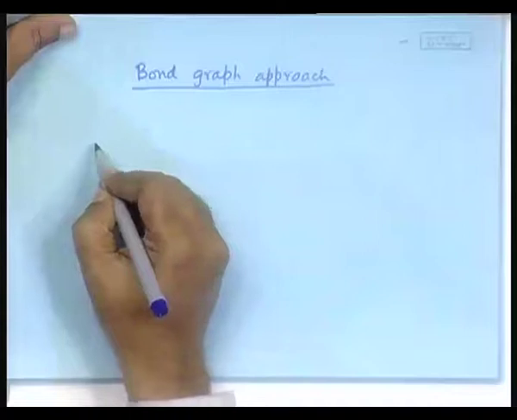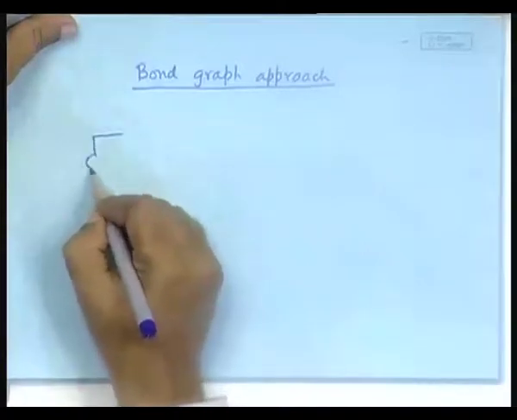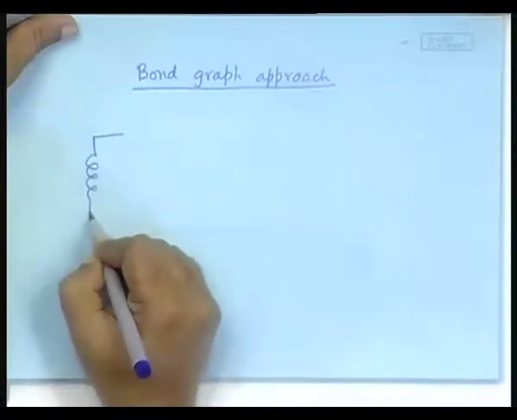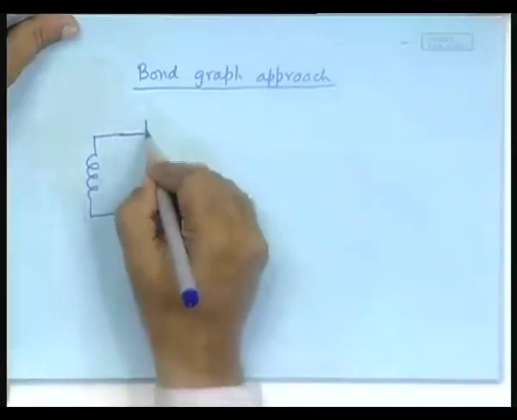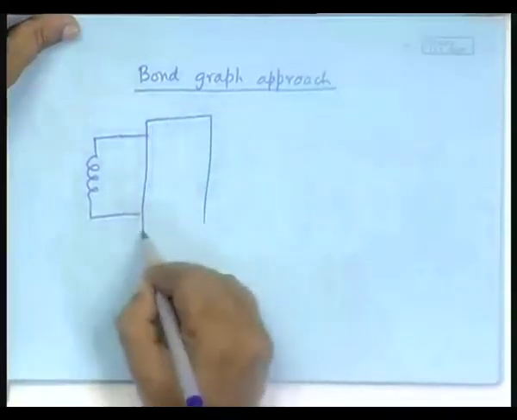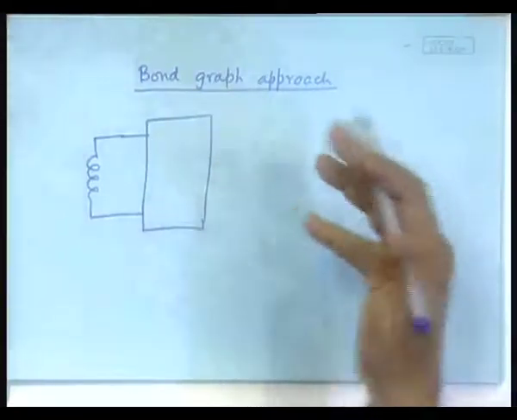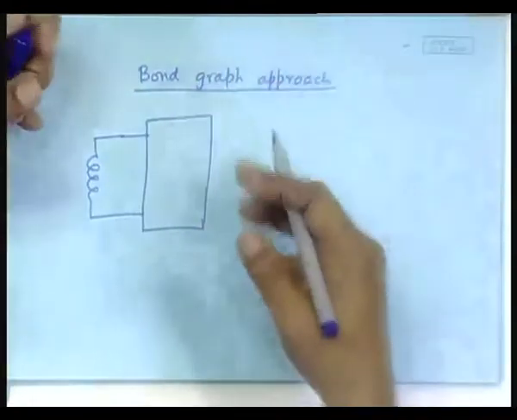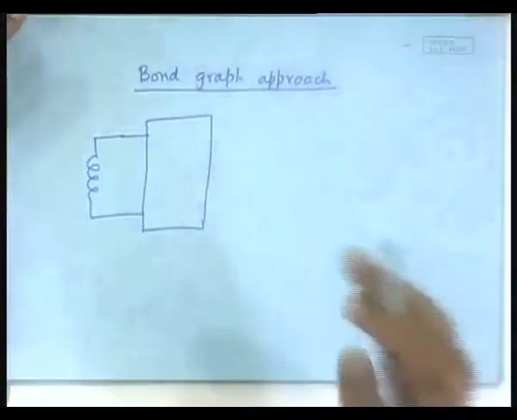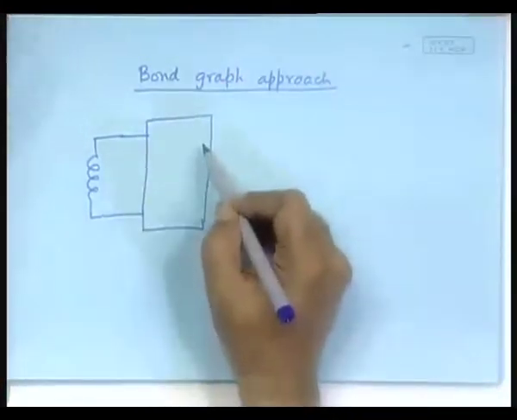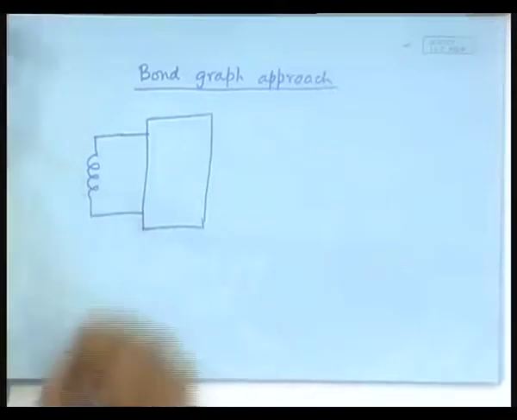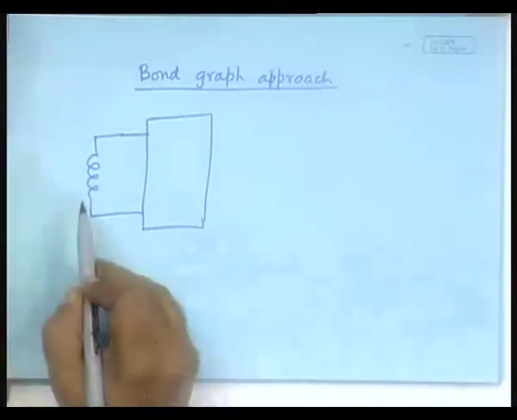Imagine that there is an inductor connected to some kind of a circuit. This rest of the circuit could contain anything, some sources, some resistances, capacitances, more inductances, all that put together is the rest of the circuit, but here there is an inductor. Now, what does the inductor do?